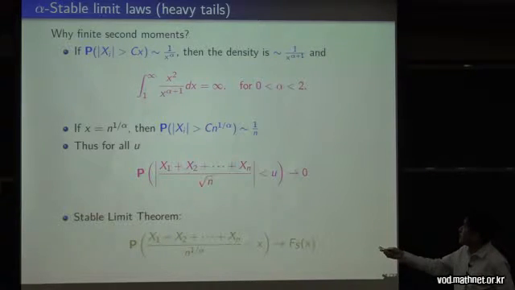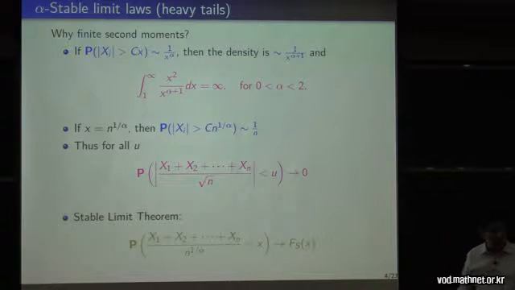Here, what we're saying is the probability of x being bigger than n to the 1 over alpha is about 1 over n. That's a very small probability, but if you have n of them, on average, one of them will satisfy this condition. One of them will have a large tail, will be of order n to the 1 over alpha.